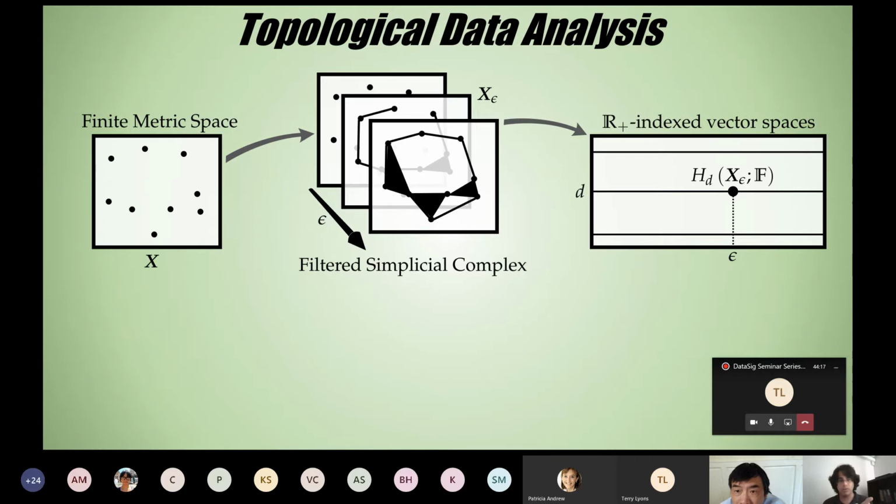So H0 for our original X is going to be a 9-dimensional vector space over the field F. If F was R, then you just get R^n as H0 at epsilon equals 0. As epsilon becomes bigger, you say you just have one connected component because you've thrown in edges and triangles and so on, then H0 will just be 1.